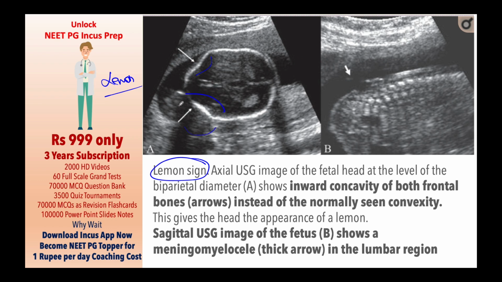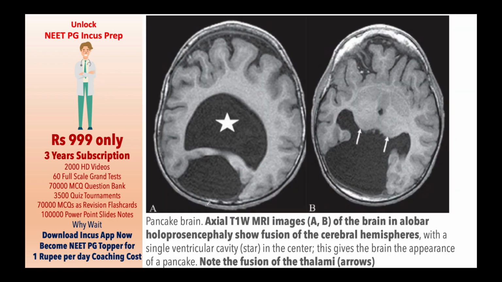Instead of normal convexity, it will show inward convexity, is what you need to remember. This is typically a feature you see in the case of neural tube defects, and the myelomeningocele you can see in the sagittal ultrasound in the lumbar area.